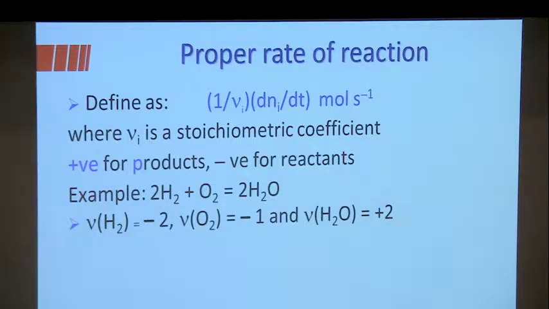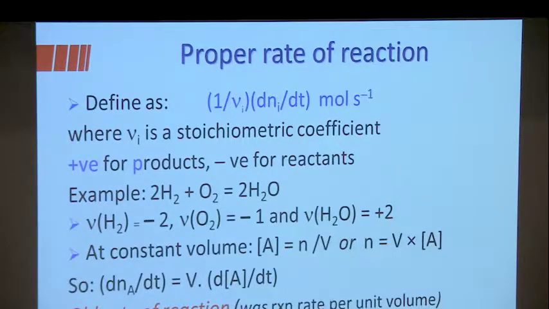So it's moles per second, actually, that is the proper definition, and it's positive for products and negative for reactants. For example, if we have 2 moles of H2 plus a mole of O2 giving us 2 water molecules, the stoichiometric coefficient of H2 is -2, that of O2 is -1, and water is +2.